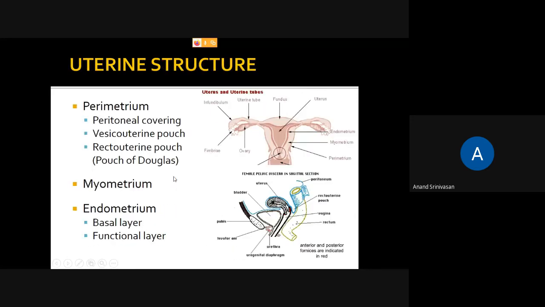Now why is that or how is that? Here you can see this is the sagittal section, so it shows the vaginal part.